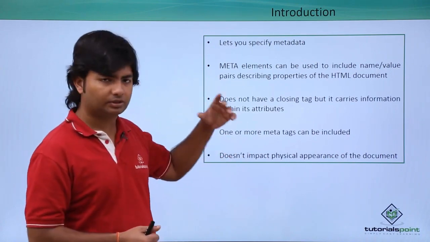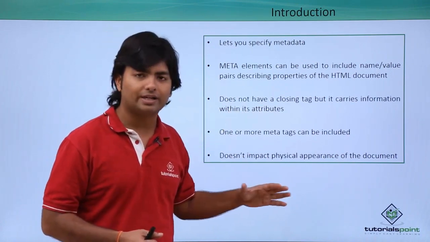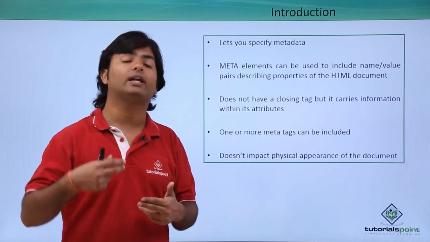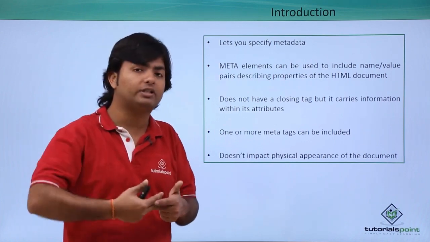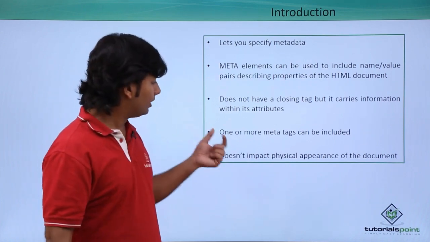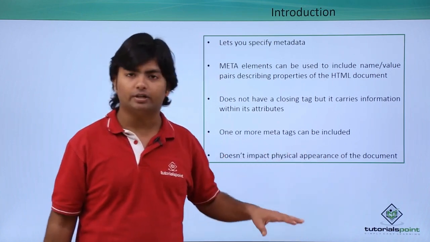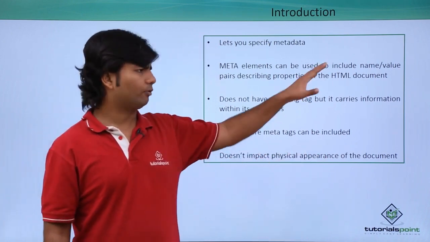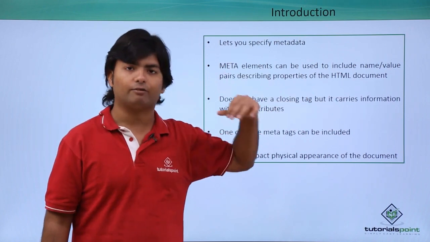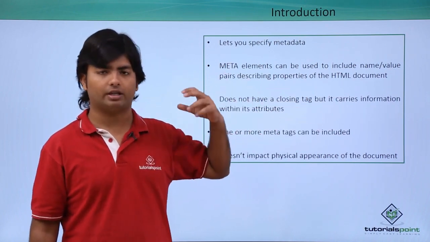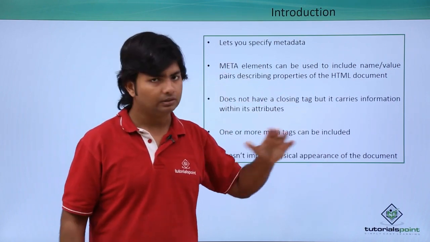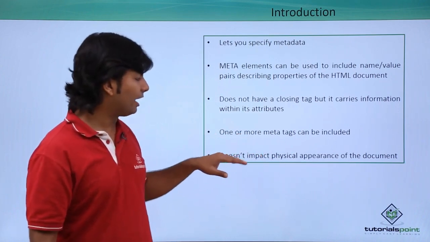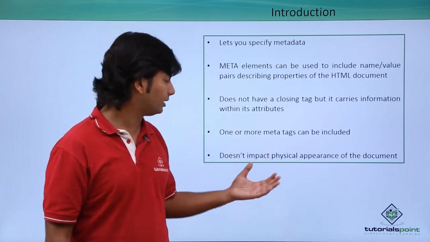That means it doesn't have a closing tag because I don't want to write anything between the opening and closing tag of metadata. One or more meta tags can be included. As I just said, we can put different names, like first for the keywords, second maybe for the description, and so on. So we can have more than one metadata.